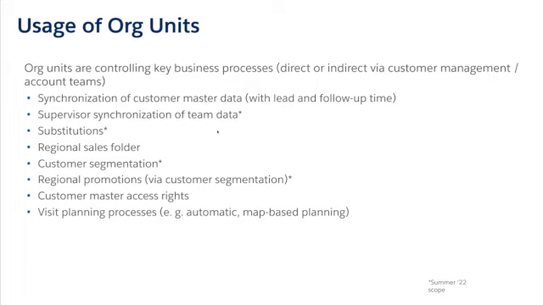So first of all, synchronization is related to a correct setup of the org units, to synchronize all of the customer master data to the offline mobile devices. And this is the prerequisite to allow offline visit planning on the mobile device.